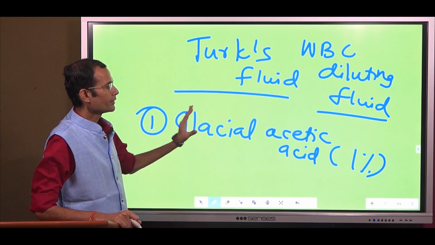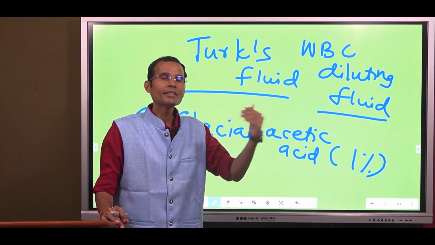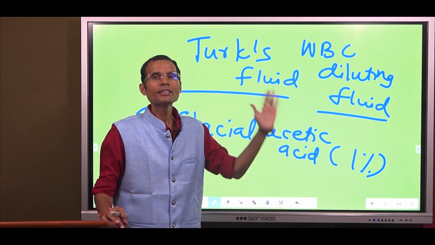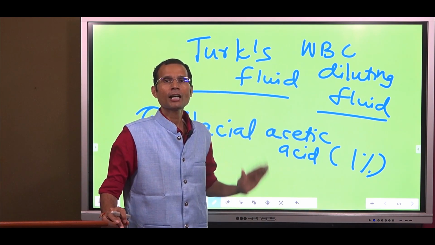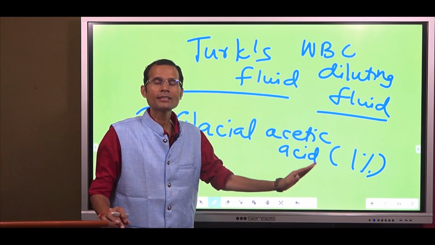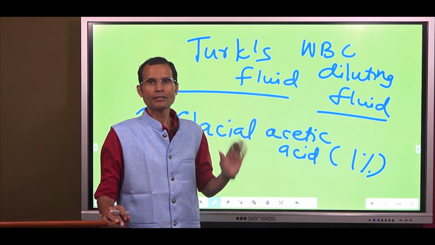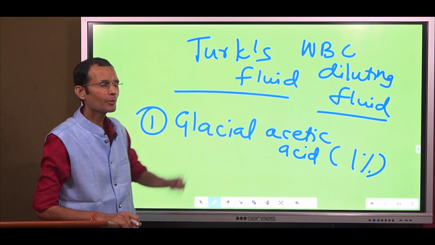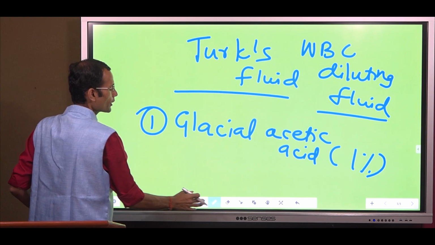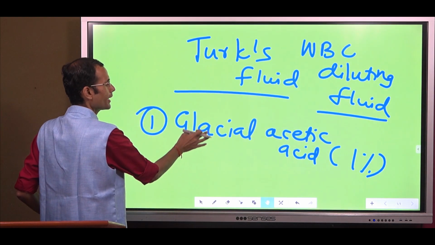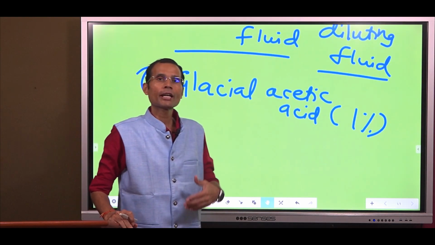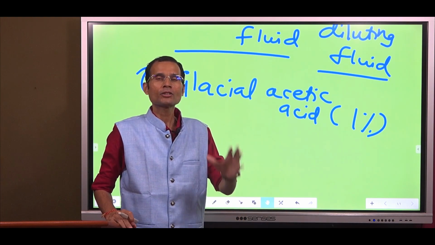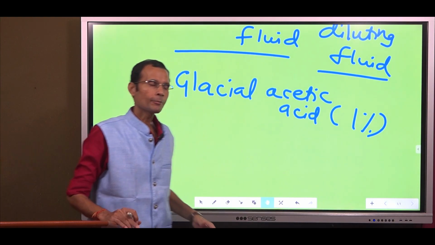But mainly this is to lyse the RBCs, so that RBCs do not create an interference in our counting of WBCs. We are counting WBCs, so we break down and remove the RBCs. That's glacial acetic acid. But as I said, it can also break membranes of the WBCs as well.